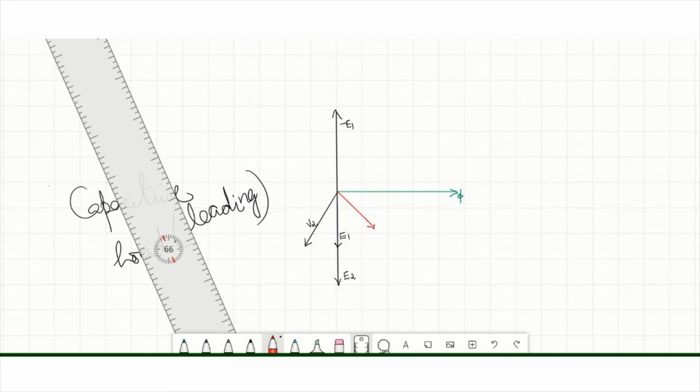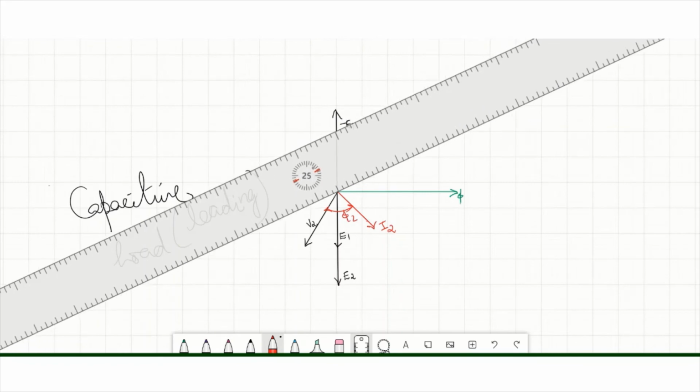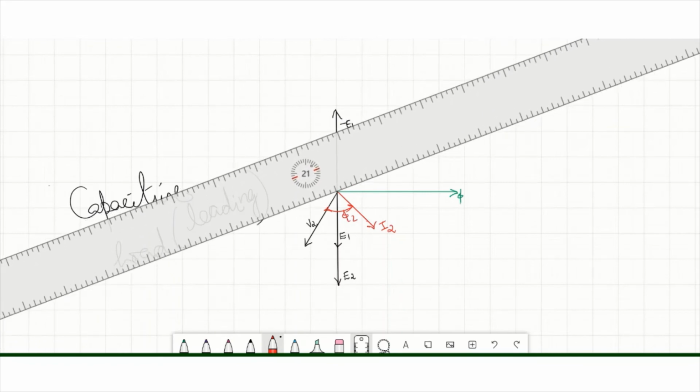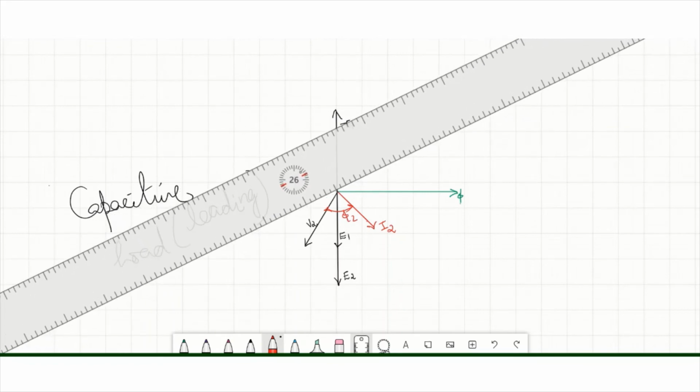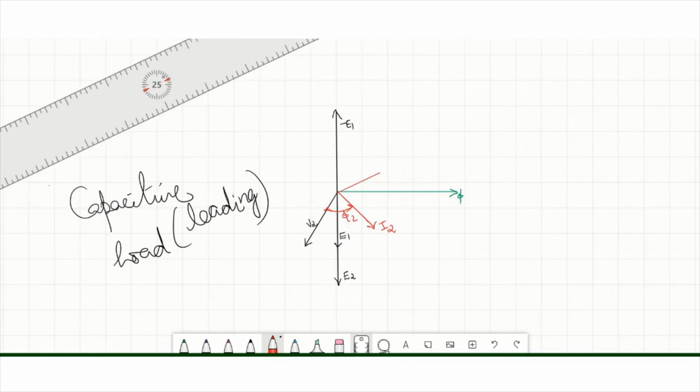This is I2. I2 should lead V2 by an angle phi 2. Then the no load current I0 should be drawn, like in the previous cases.